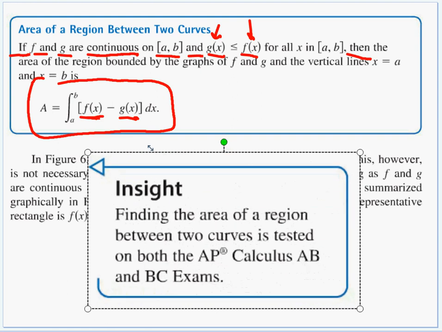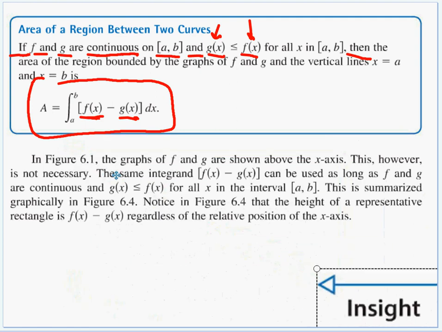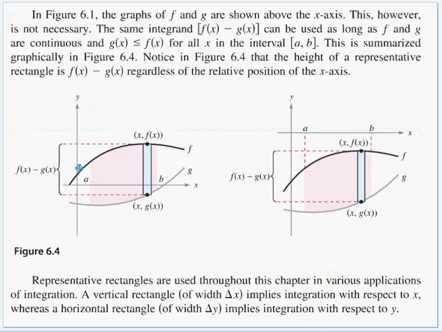And what's this insight? Finding the area of a region between two curves is tested on both AB and BC exams. Let's see here. They were talking about Figure 6.4. Yeah, here we go. It doesn't matter if both graphs are above the x-axis. Here our top function is above the x-axis. Here our bottom is below, but that's fine.